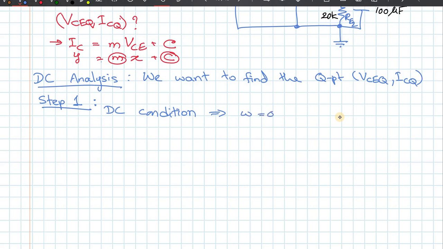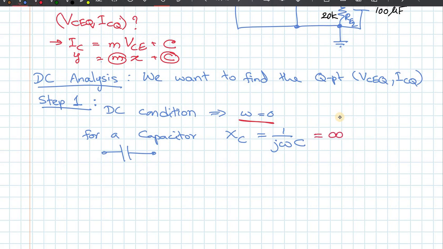Okay, so you know the capacitors. What is the impedance of a capacitor in steady state? XC is equal to 1 over j omega C, where omega is the operational frequency in radians per second and C is the capacitance. Now when omega is equal to 0, my XC becomes infinity.